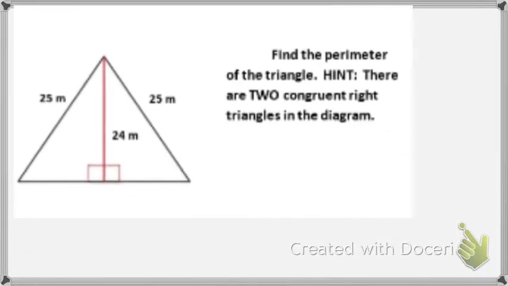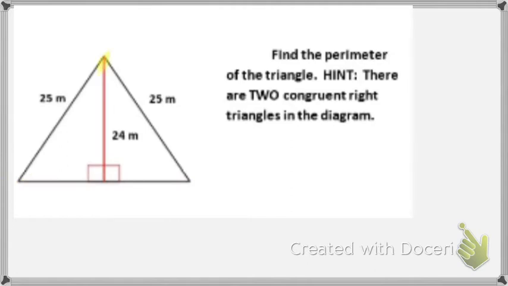Okay. Let's look at this next one. It says find the perimeter of the triangle. Hint, there are 2 congruent triangles in the diagram. So we're looking for the entire perimeter right here. Okay, but we don't know this base right here. We can't say that it's the same as 25 because we don't really know that there are 25.